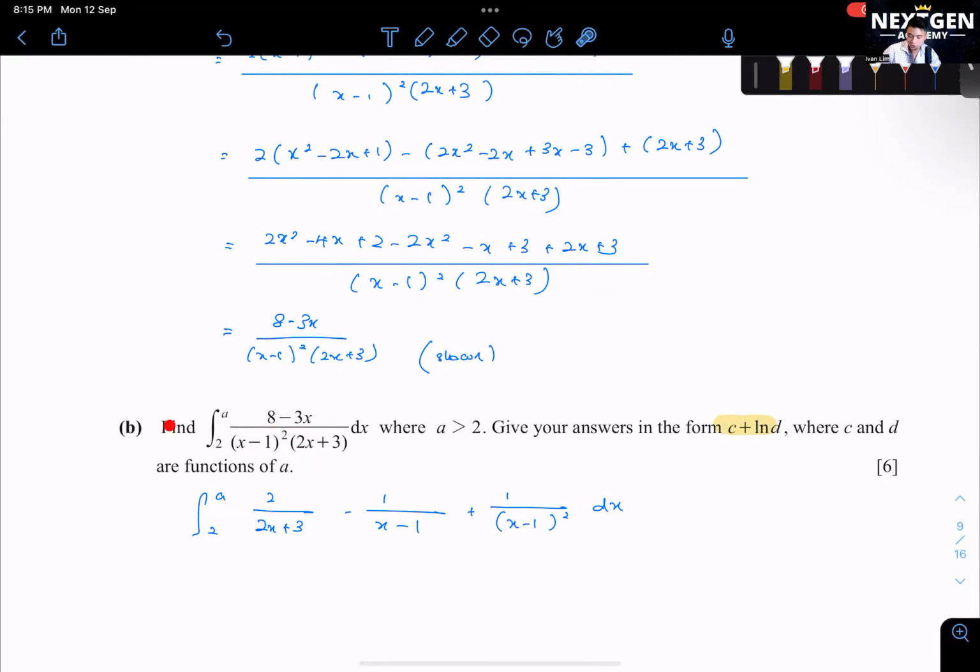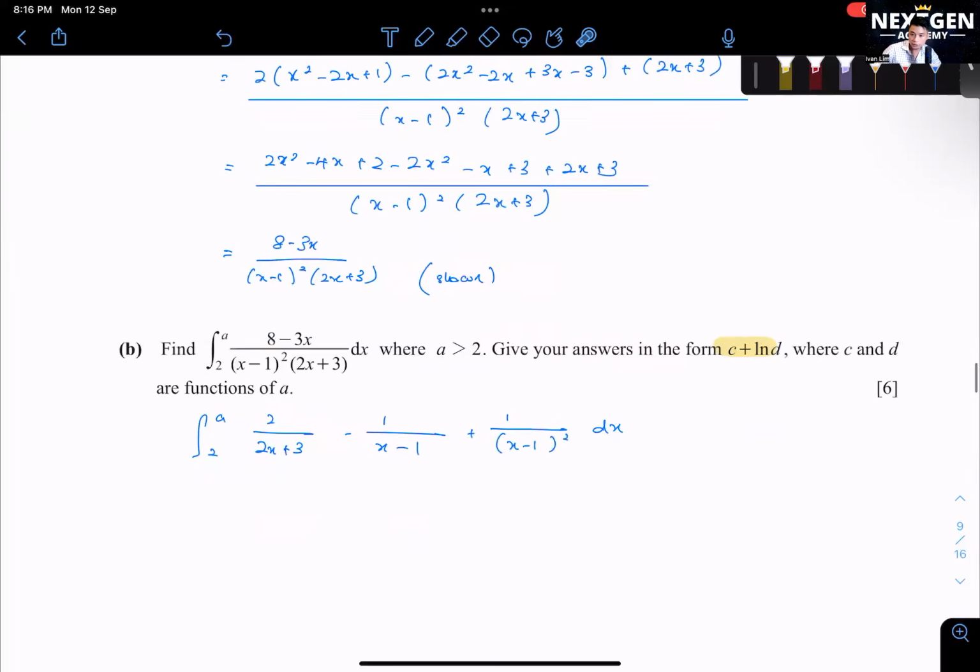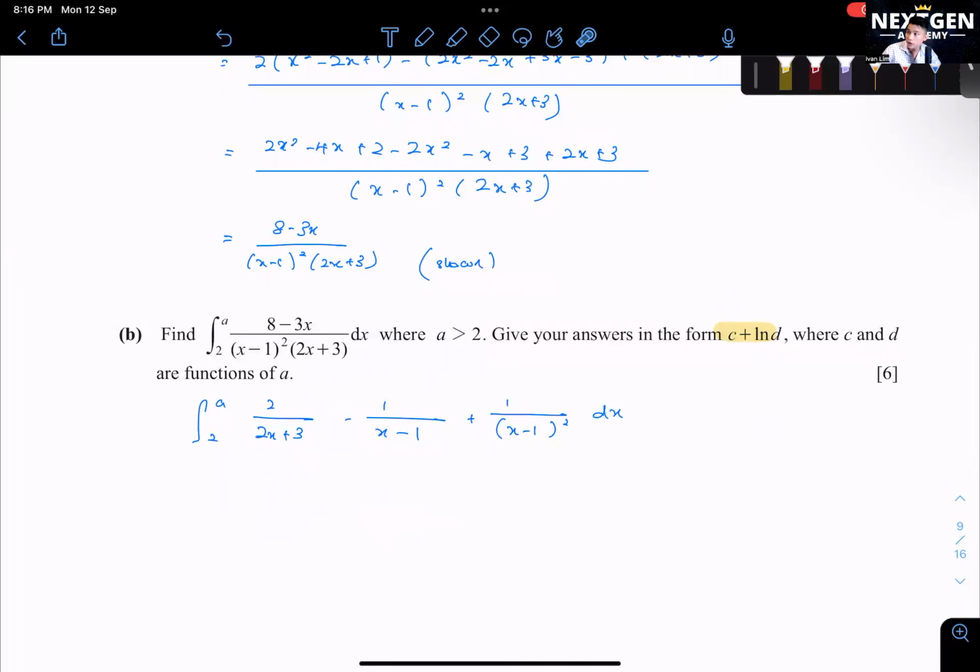They never tell you the hints, but normally you need to be aware a bit. Just look at the previous parts. So go and integrate this. What I would do, I would rewrite this as x minus 1 to the power of negative 2, because I don't want to keep writing. Okay, wait, maybe I explain to you all.